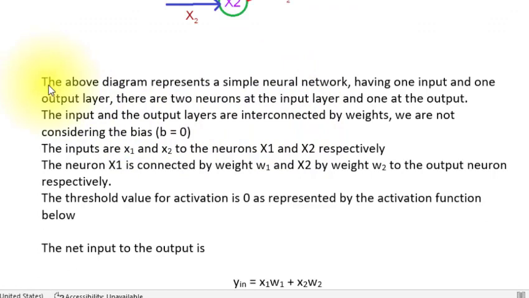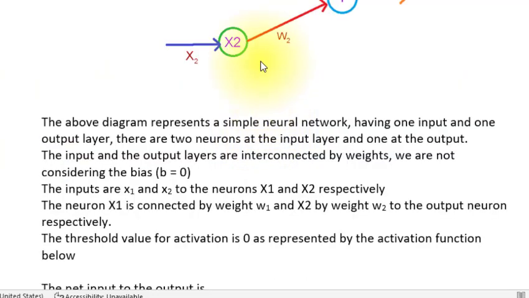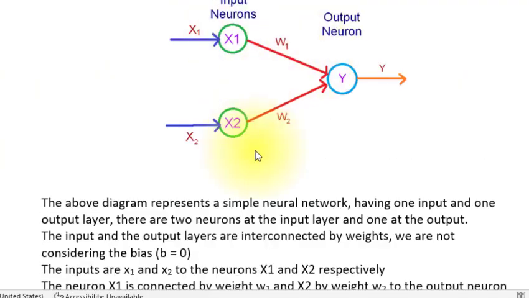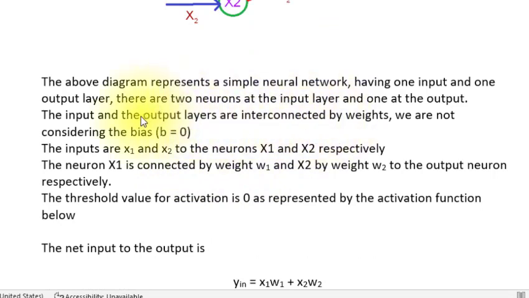You can see the above diagram represents a simple neural network having one input and one output layer. There are two neurons at the input layer and one neuron at the output layer. The neurons are connected with weights. We do not consider the bias here.